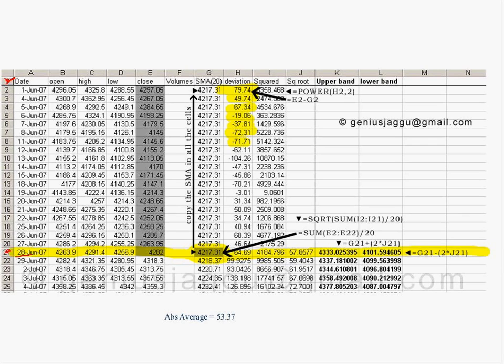Each day's deviation, and if we were to take the absolute value of these and get the average, we discovered, and I ran this myself, I took a calculator out and ran this through, the average is 53.37. On average, this varies from the current average 53.37 points. That is the average deviation from the mean.